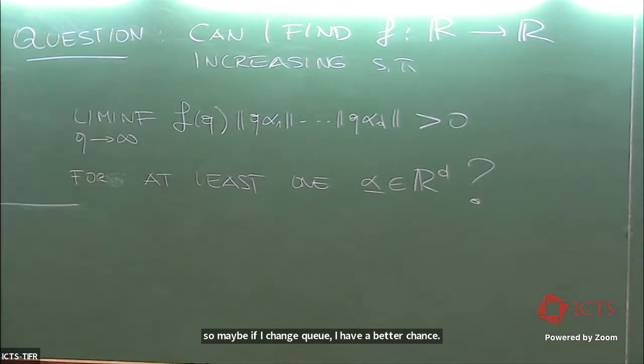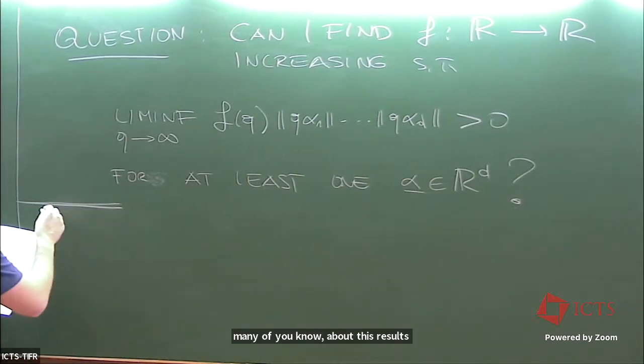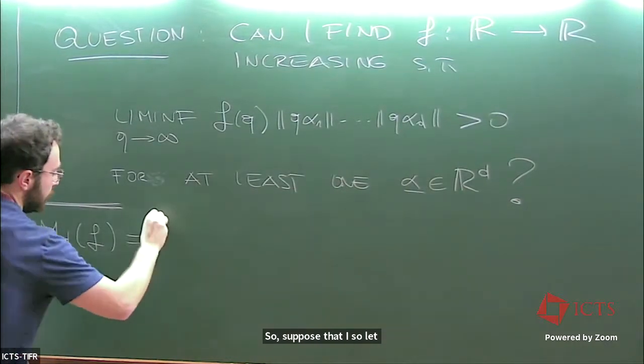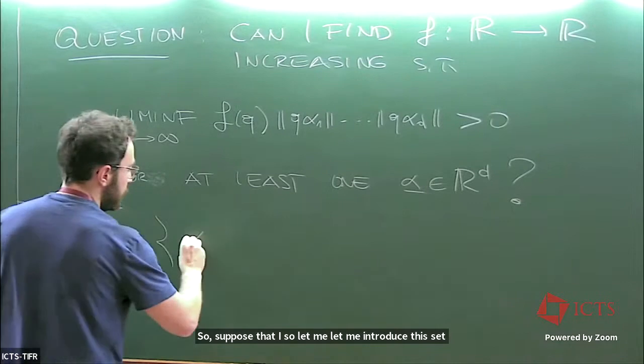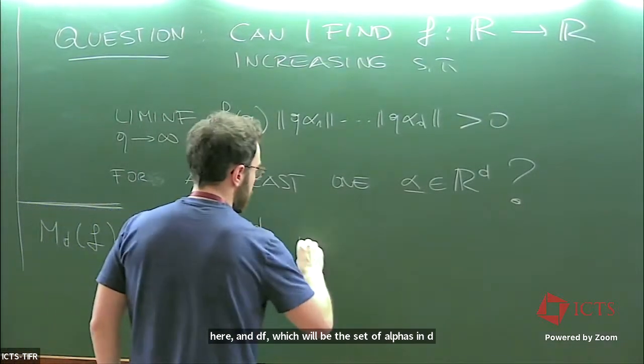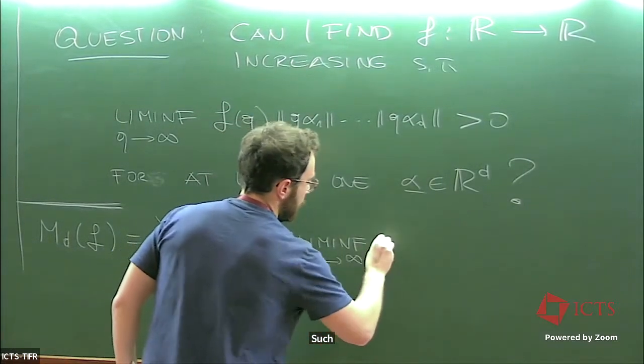And so, okay, there's a nice result in this direction, which is Gallagher's theorem. Many of you know about this result. So let me introduce this set here, M_d^f, which will be the set of alphas in R^d such that this lim inf is positive.